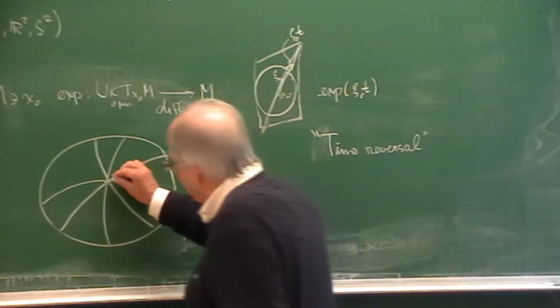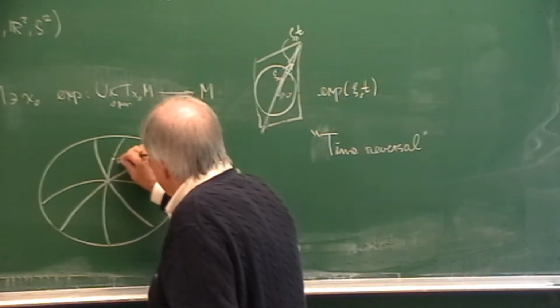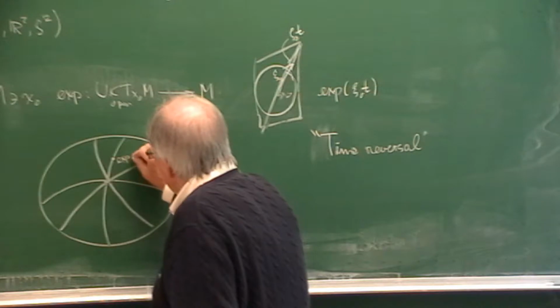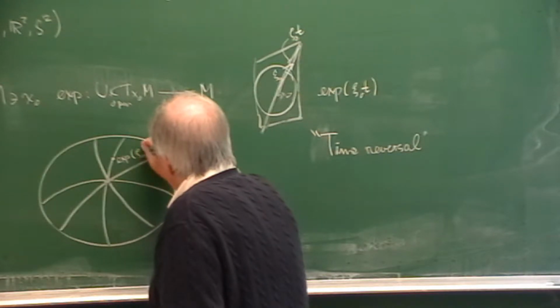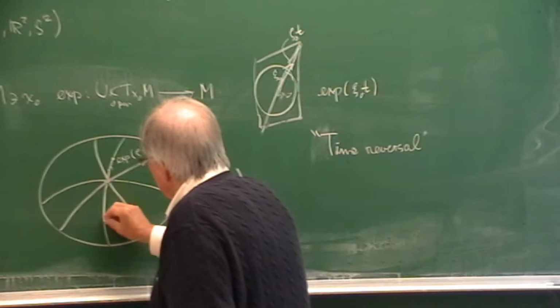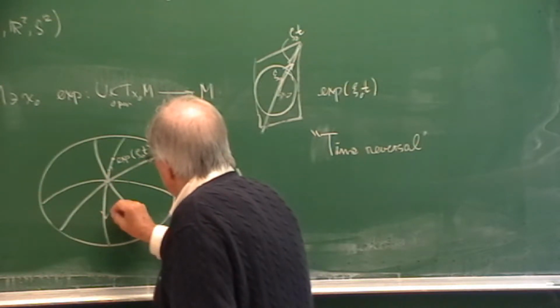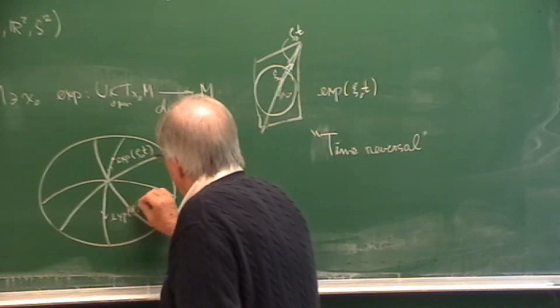So that means if you go out along a geodesic at time t, so this is x of say c of t, time reversal reverses it and goes down by minus t, x of c of minus t.